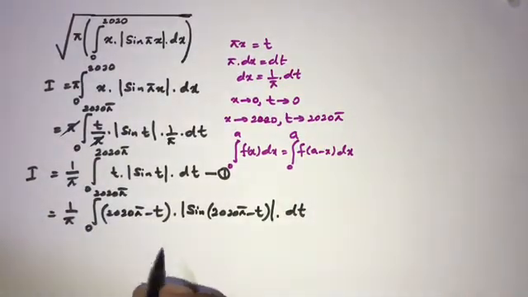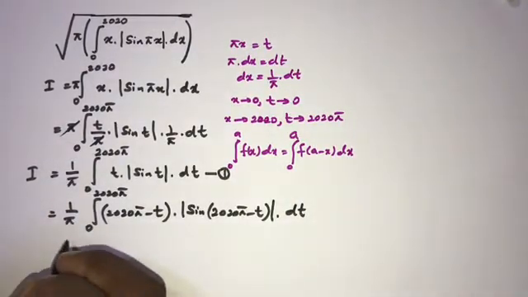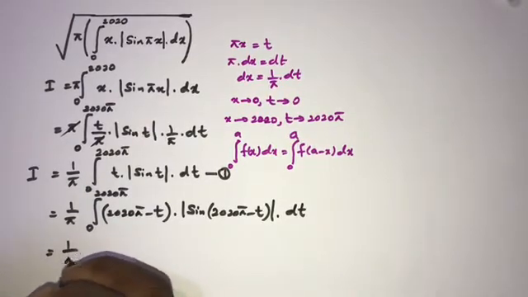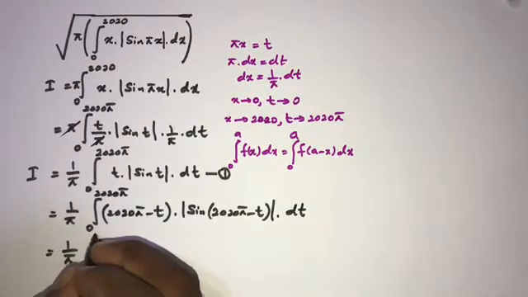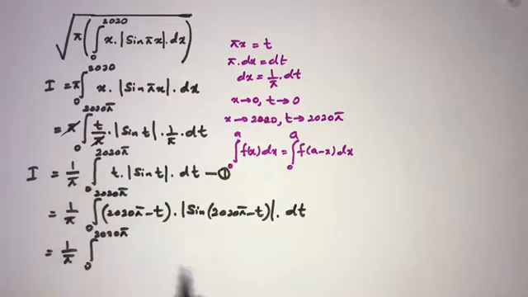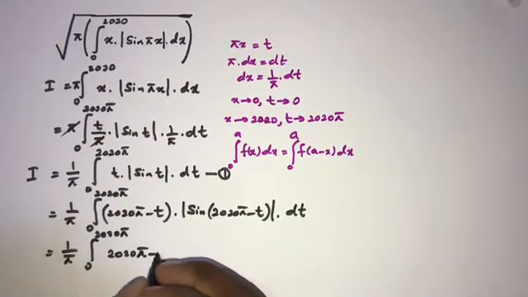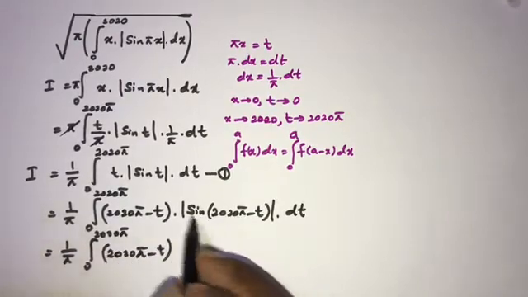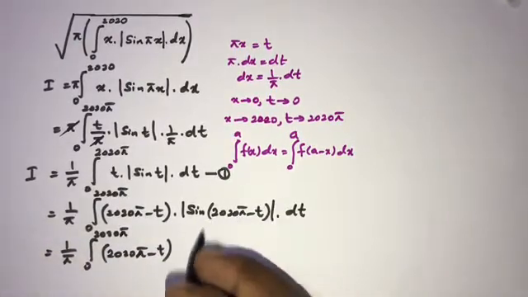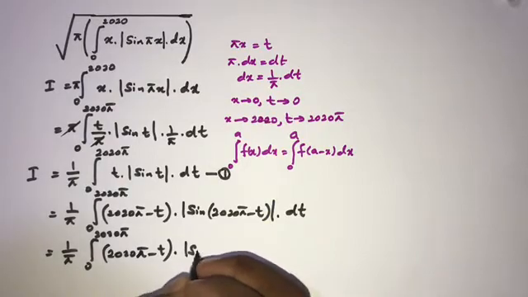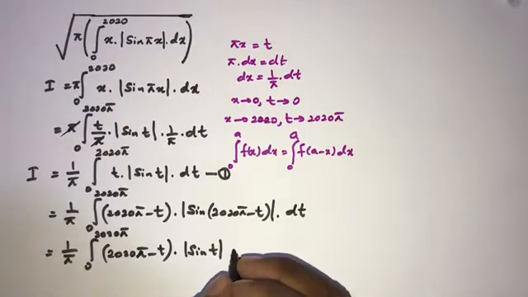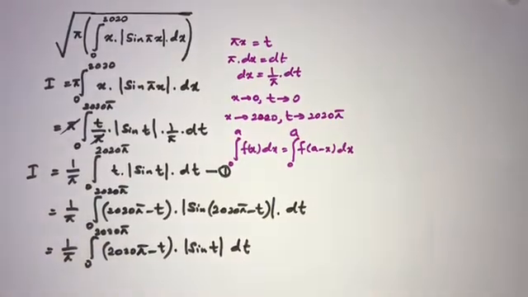Okay, now we can simplify this. So 1 over pi, here 0 to 2020 times pi, here 2020 pi minus t. Now sine of 2020 pi minus t, we know is sine of t, here dt.